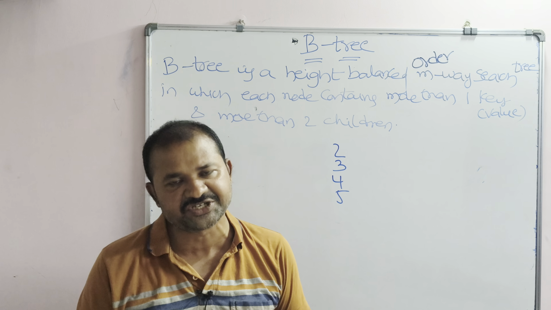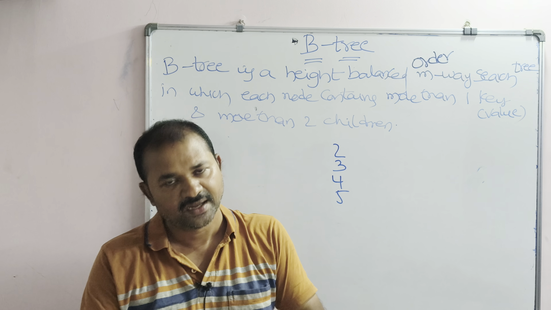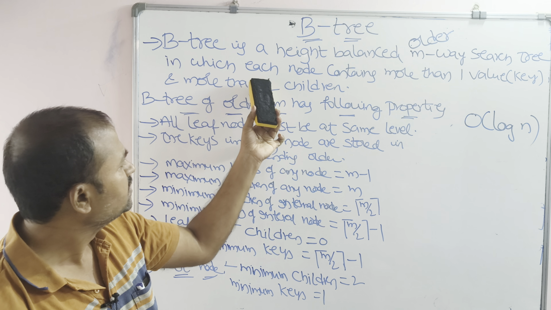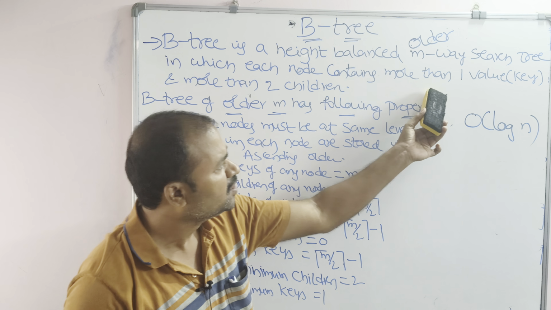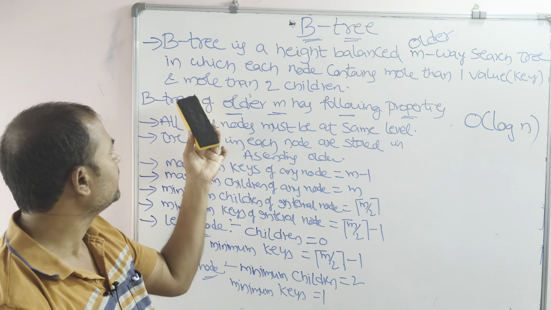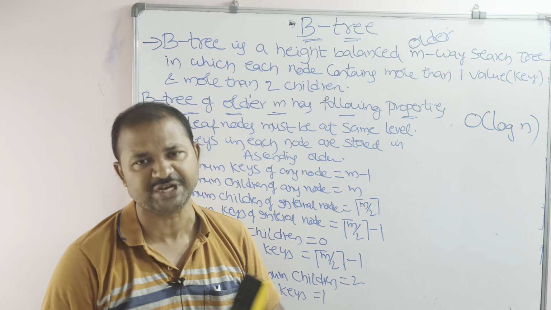A B tree is a search tree just like a binary search tree or AVL tree, in which each node contains more than one value, that is more than one key, and more than two children.